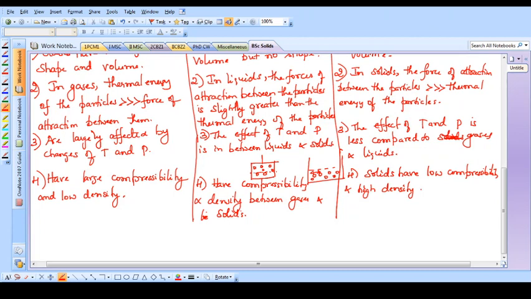Okay, how to categorize solids? A solid can exist in a crystalline form as well as an amorphous form. Naturally, a given compound, if it is a solid, may exist as a crystalline or amorphous solid, but there may be a possibility that you can convert a crystalline solid into amorphous or an amorphous solid into crystalline.